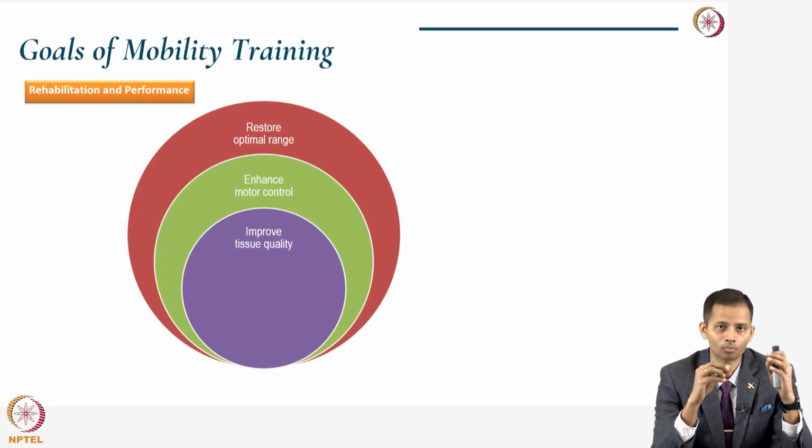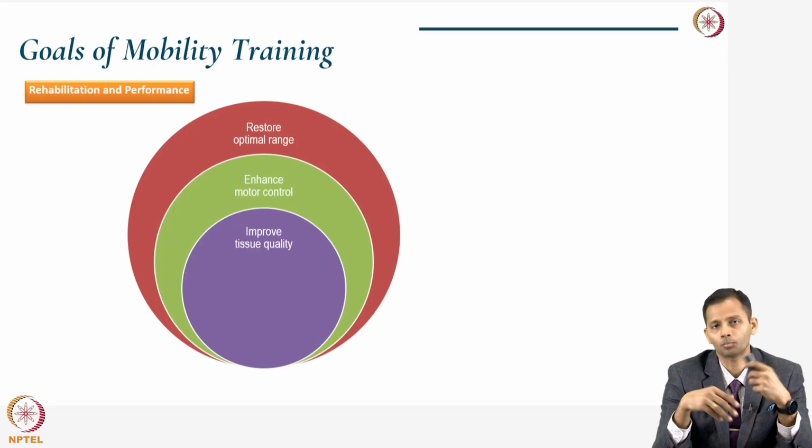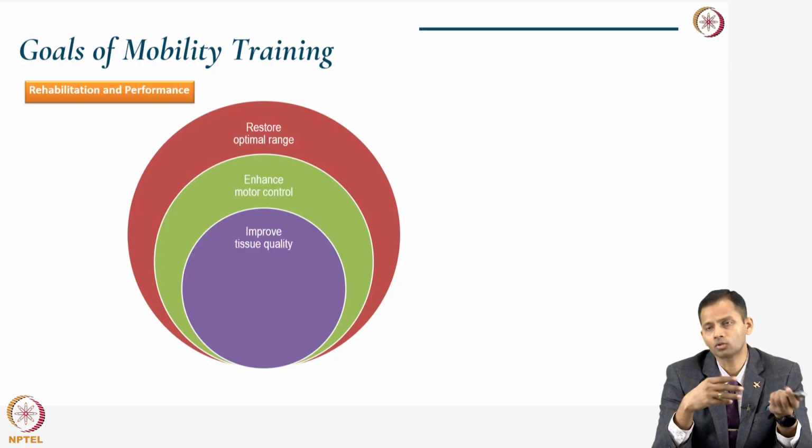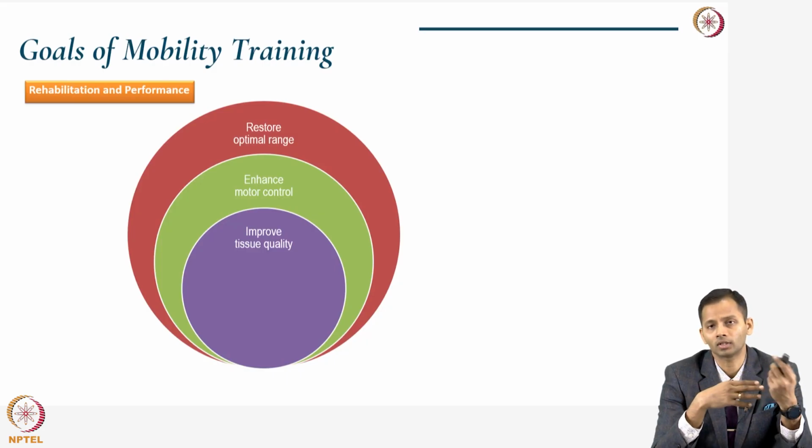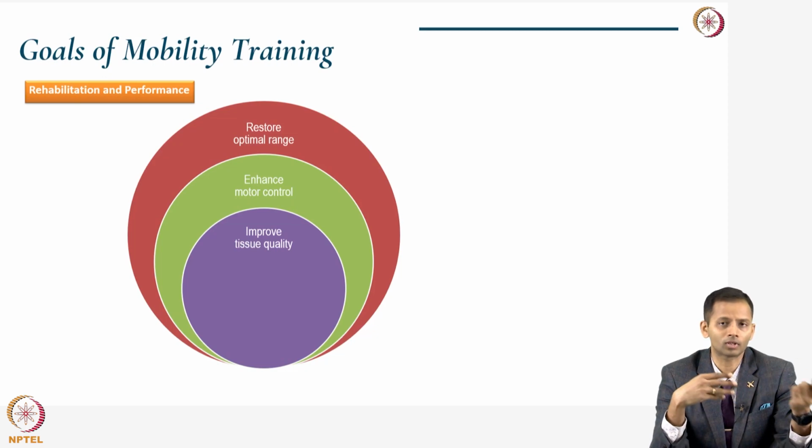So it is important to align that particular goal with the phase of the rehabilitation as well. Whereas in performance, it is to improve the tissue quality in terms of increasing the muscle length, or increasing the joint range of motion. So thus it can also help in improving the mobility training.